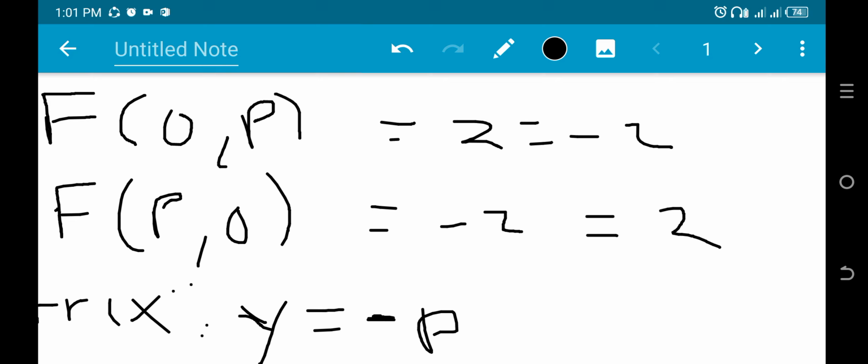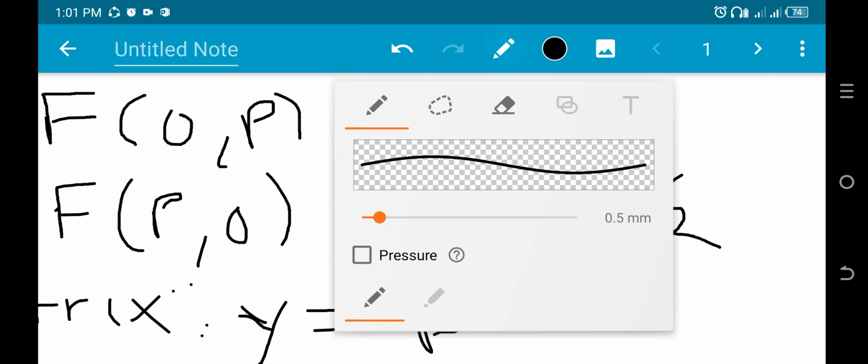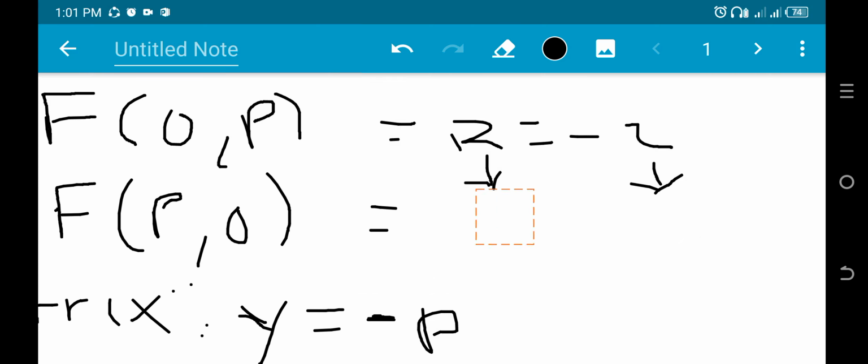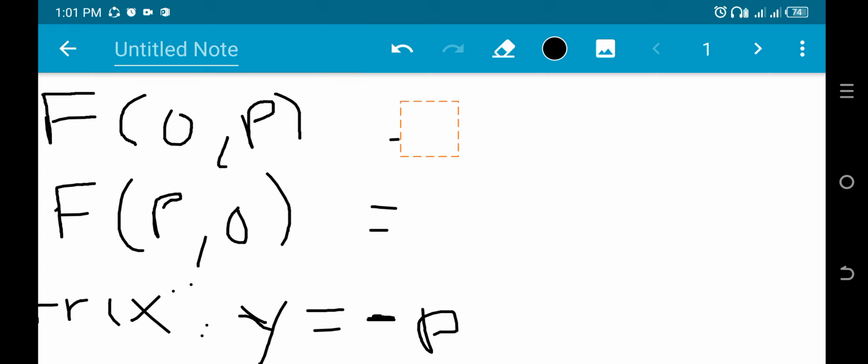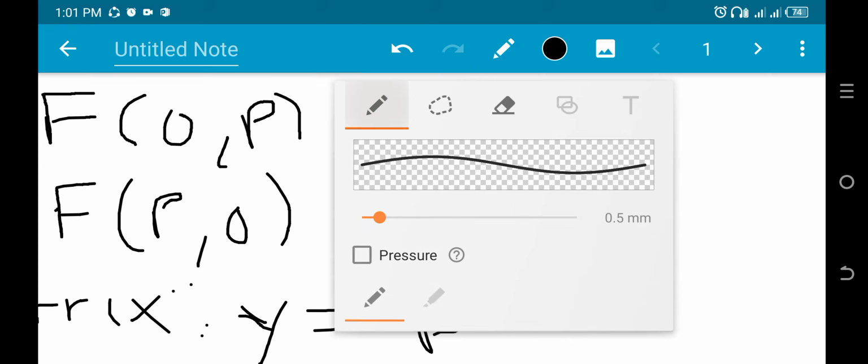So if your focus was 2, your directrix will be negative 2. If your focus was negative 2, your directrix will be 2. That's how it works, and I hope that point is grasped.